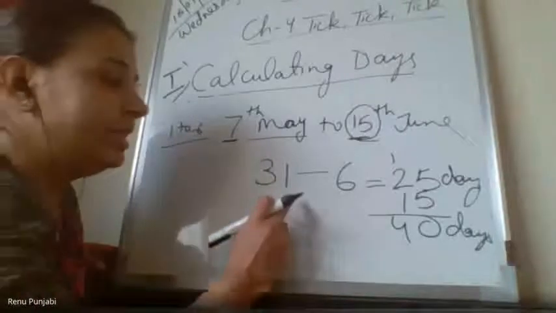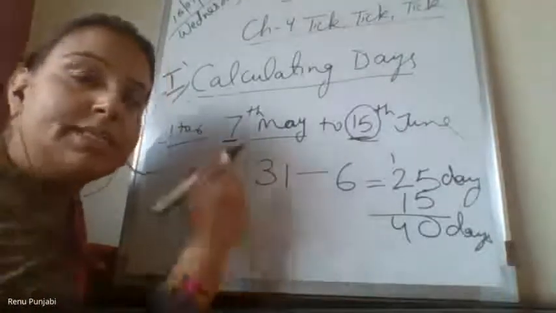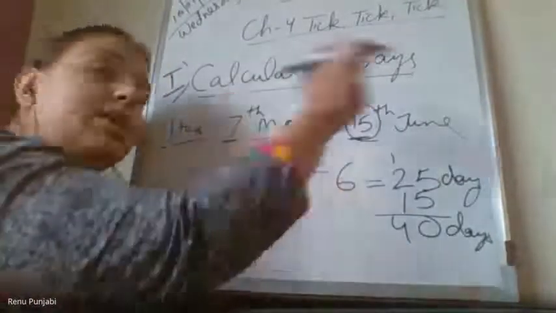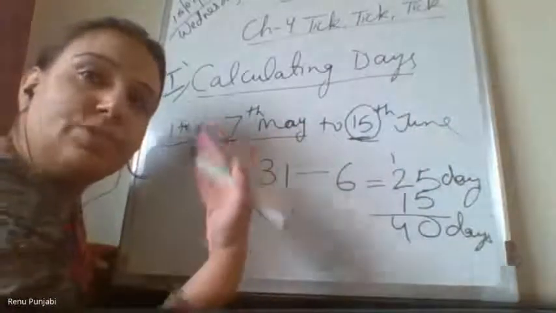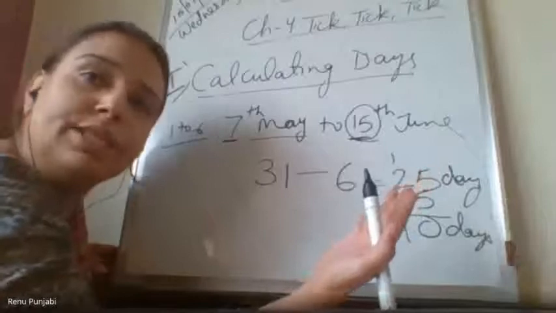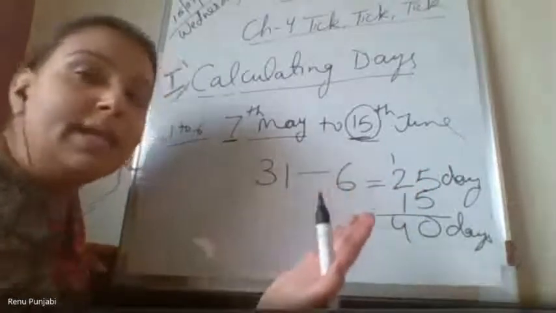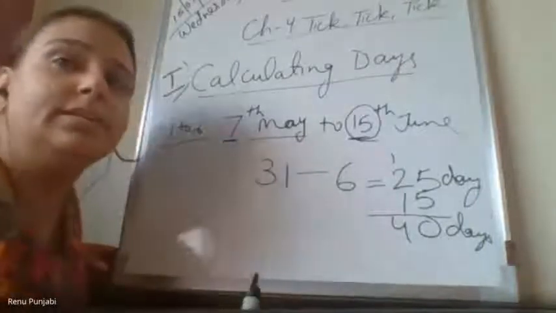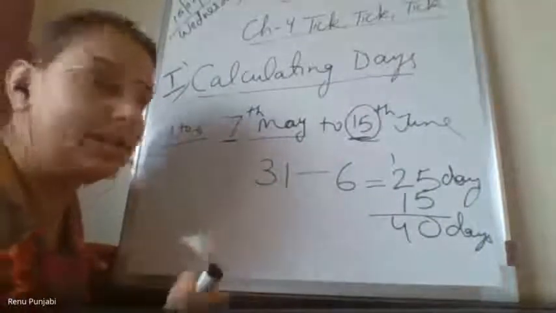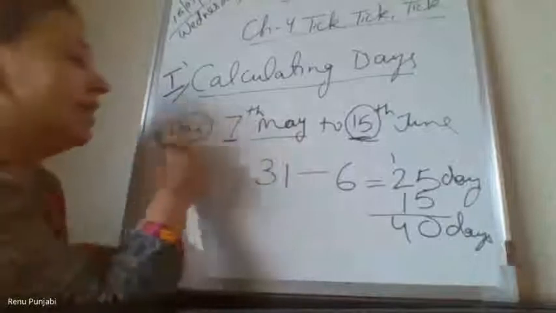I told you there is one more method of counting. See, if I count from 7 to the 31st, that is also okay. If you want to do it that way, that will be okay. But if you don't want to take much time, you want to do it faster, this is also one method: 6 days the summer camp was not there.